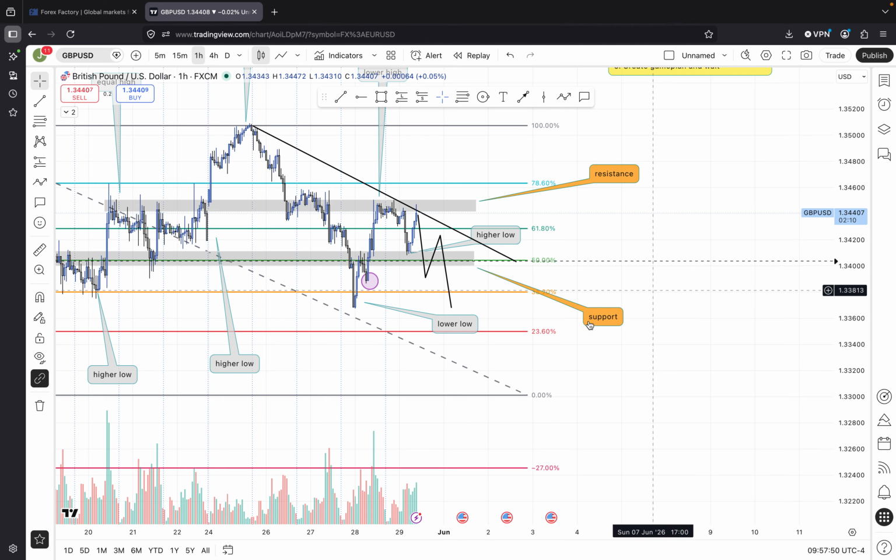All right. Okay, cool. So this is my bias. My bias is price rejects here on this resistance. It pushes down, breaks this 50%, and then after it breaks this 50%, it creates a lower high to give me what?